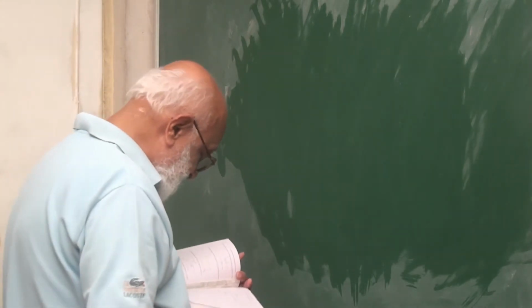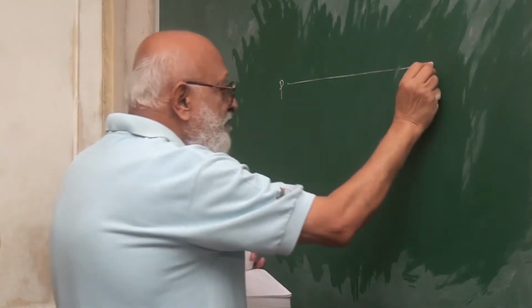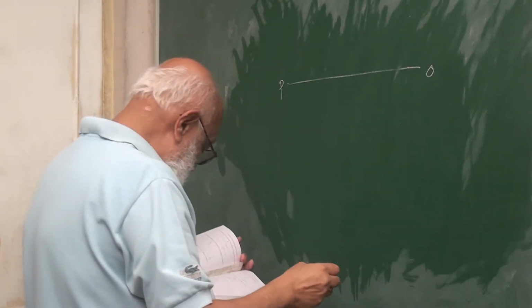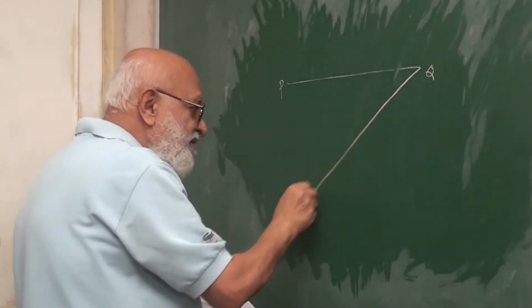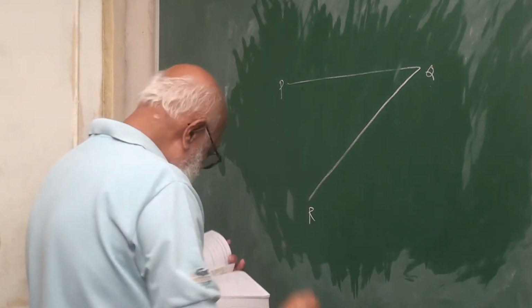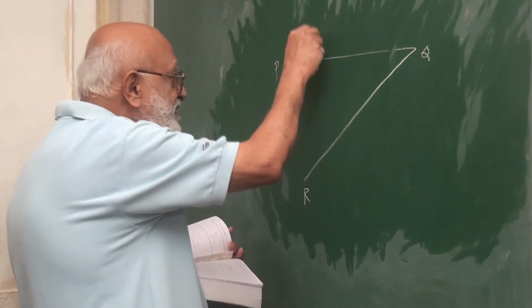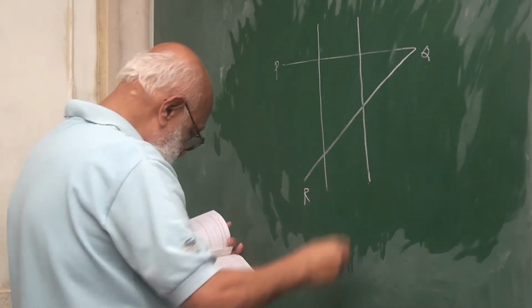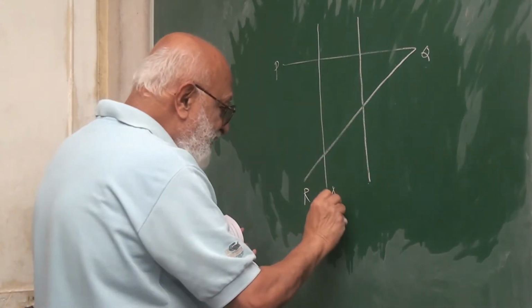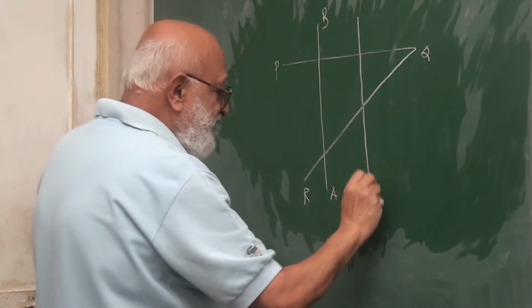Okay, so what does it say? It says PQ, and let us say this is R, QR, and there are two parallel lines. Here is one parallel line, and here is the other parallel line. And one is AB, other one is CD.